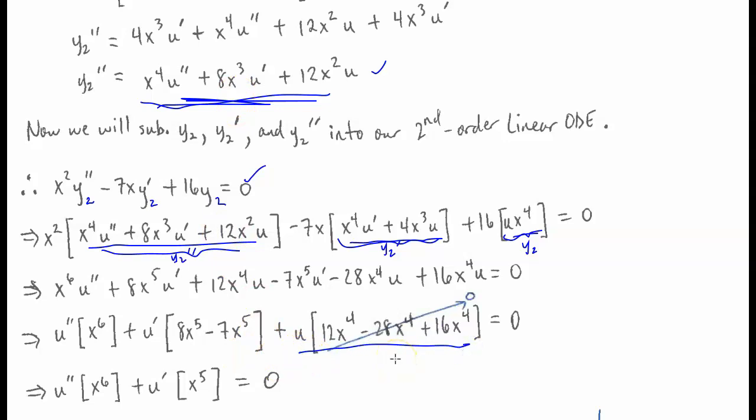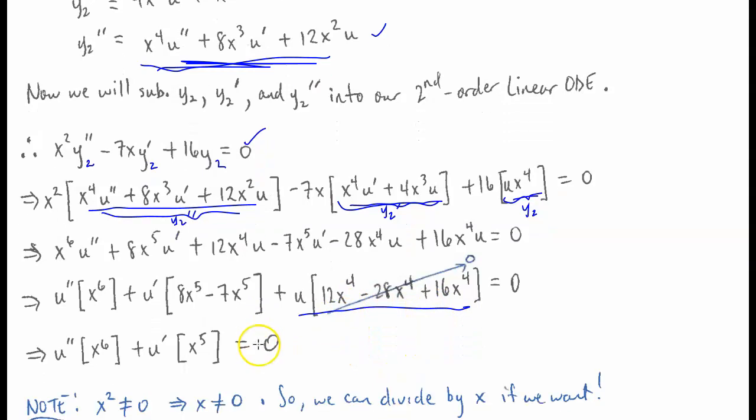The next thing that we'll need to do here is to say, all right, to get this looking like a first order separable equation like we're used to, I'm going to have to let u prime equal v, and by default, that means that u double prime is going to be v prime.